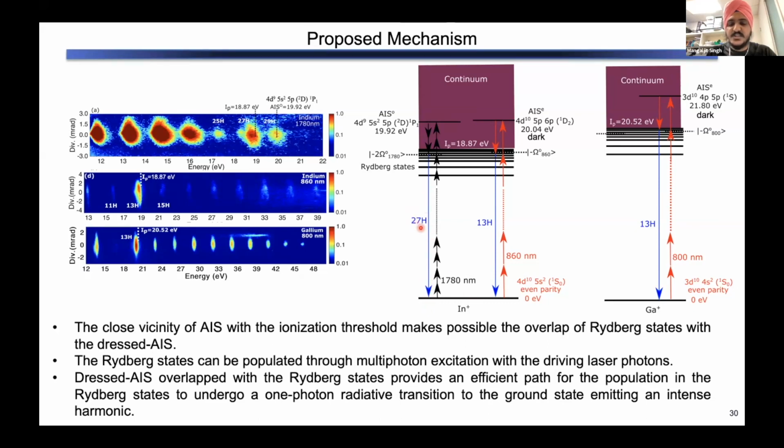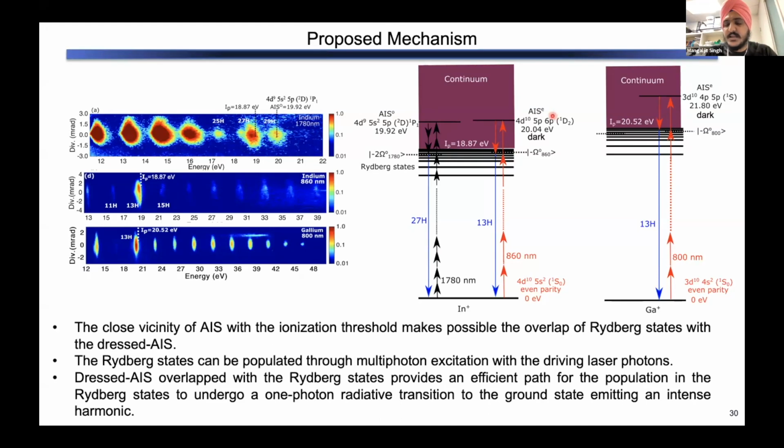This could result in the enhancement of the harmonic order located just below the ionization threshold. Similarly, for 860 nanometer laser wavelength, we have another autoionizing state and another dressed state, which has an opportunity to overlap with the Rydberg cloud. Again, this provides an efficient pathway for the population in the Rydberg cloud to undergo a one-photon transition back to the ground state.